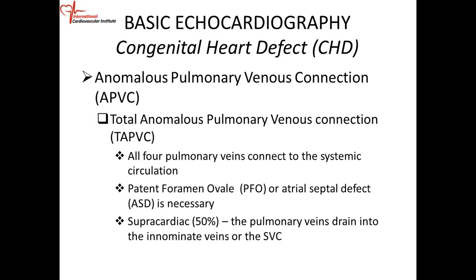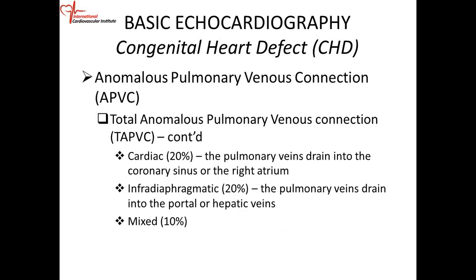In 20%, the pulmonary veins drain into the coronary sinus or the lower portion of the right atrium, so to speak. And then another 20% is infradiaphragmatic, where the pulmonary veins drain into the portal or the hepatic veins.